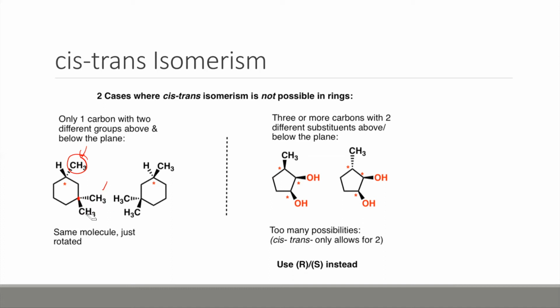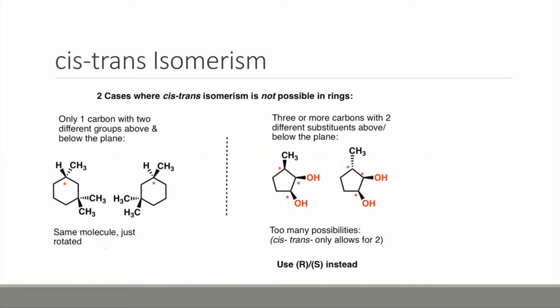So again, on the two points you are comparing, you have to have a set of groups that are the same, be them hydrogens or in this case methyl. But when looking at the point itself, the two groups have to be different from each other. Here you can see that even if you moved positioning of up and down, you just have the same molecule. That's why cis and trans will not work for this case.